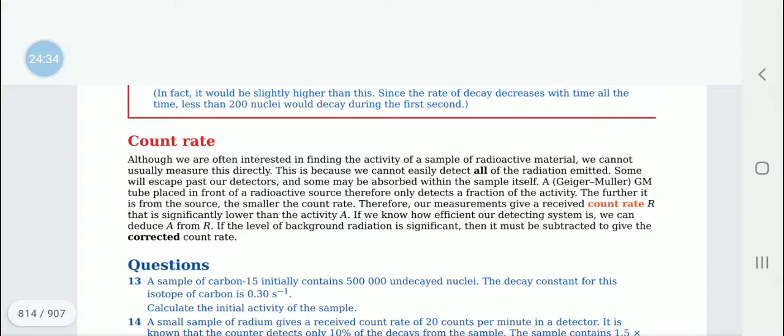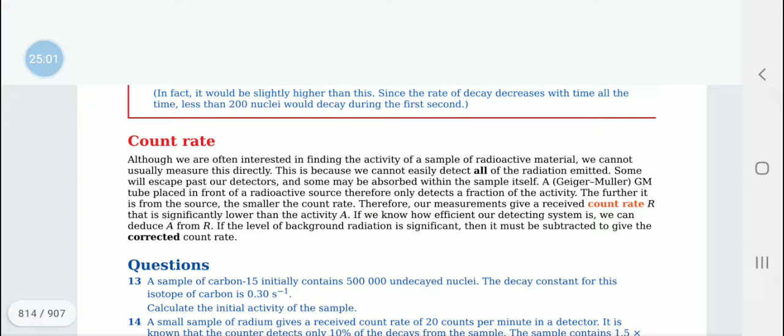So the actual count rate that we obtain is lower than the activity A. If we know how efficient our detecting system is, then we can deduce the real activity from the count rate, which is going to be named R.